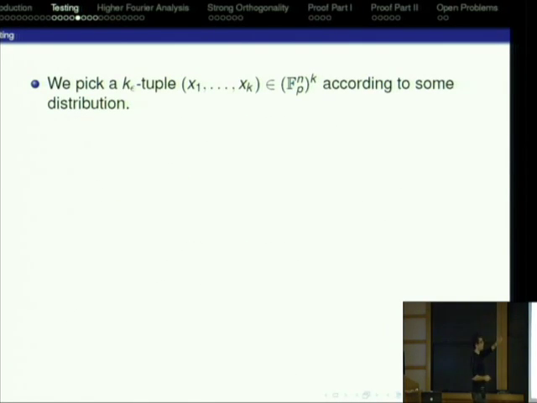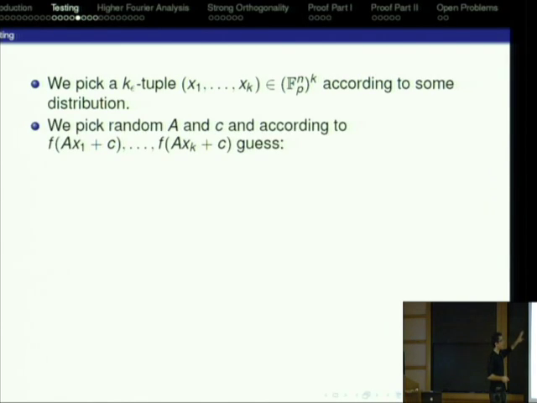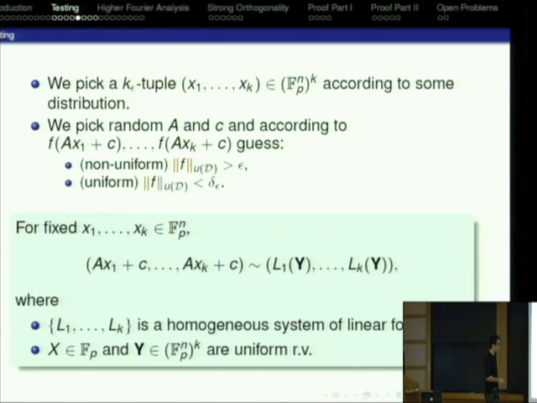We pick these k(epsilon) points according to the distribution, and then we pick some invertible matrix A and some point C uniformly at random, and we evaluate the value of f on these points instead of just the points x1 to xk. In other words, there is no loss of generality if we assume that our distribution is invariant under this affine transformation, according to which, again, we guess.